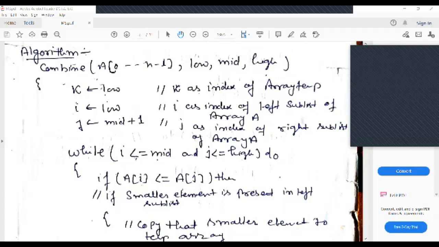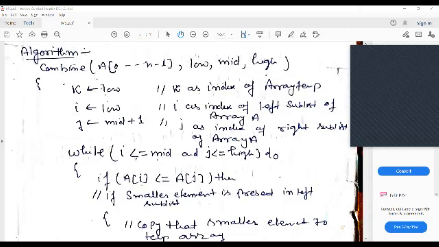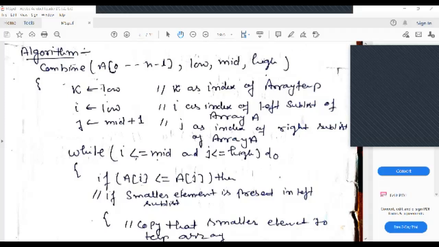Again, you are dividing at this mid, so we are calling this part low to mid, and mid plus 1 to high. So you have just created two sublists, the first sublist and the second sublist, or the left sublist and the right sublist. I and j are the variables which you are initializing with the low value of each sublist. Low value means low index. That is, I with the low value of the left sublist and j with the low value of the right sublist.